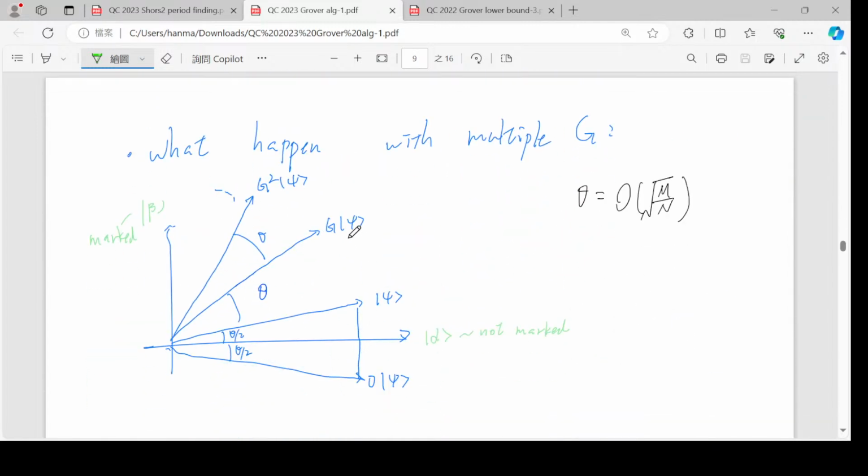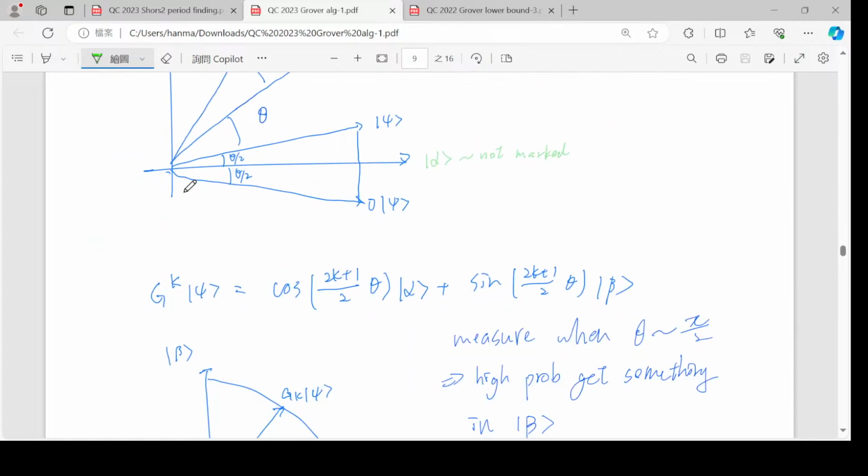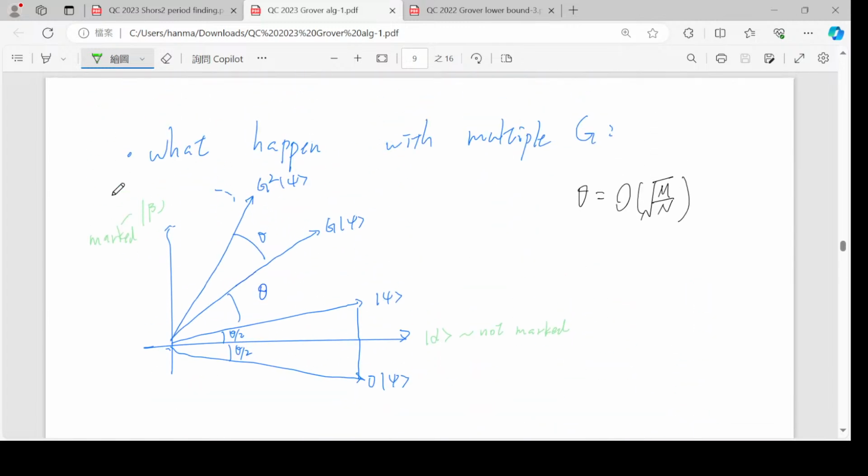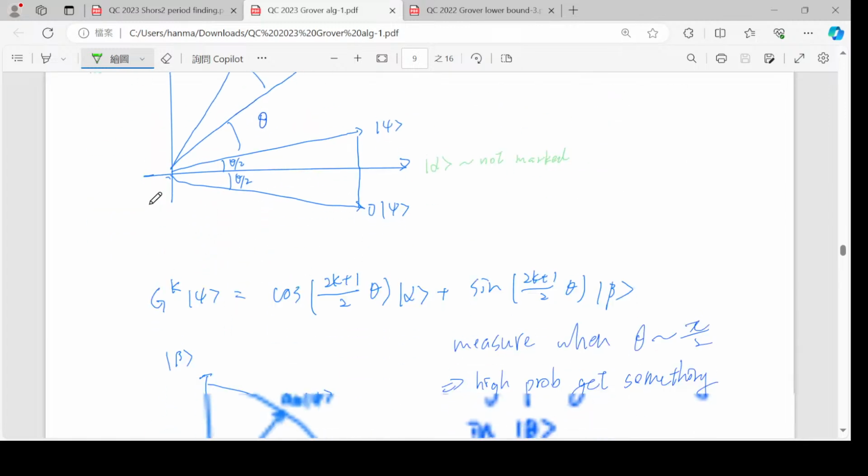It turns out two reflections is one rotation. So you just rotate your quantum state inside the two-dimensional space, so it will keep going in a circle. If you know this theta, then you know when the state will rotate up to around this beta, which are the marked items, and you measure it, then you will get something in beta with very high success probability.